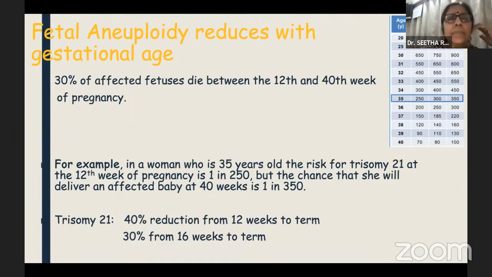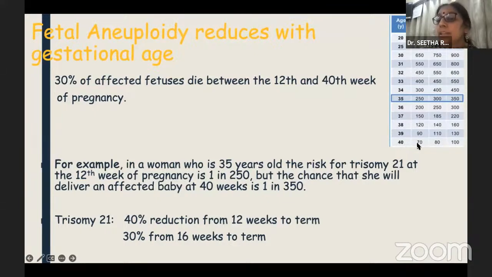Now, a thing which we can understand is fetal aneuploidy. If you're screening with biochemical markers and ultrasound, the risk of fetal aneuploidy reduces with gestational age. So if a lady comes at around 12 weeks, at the age of 35, her risk is 250, but it reduces to 350 at term.